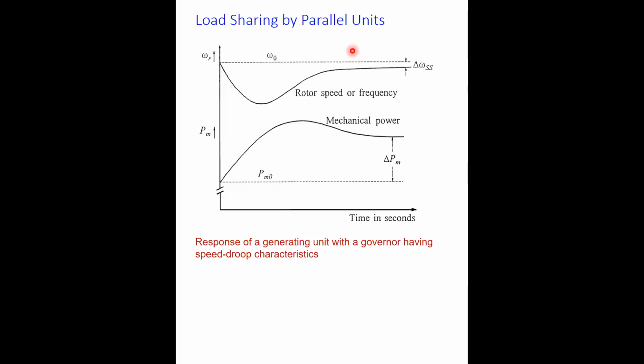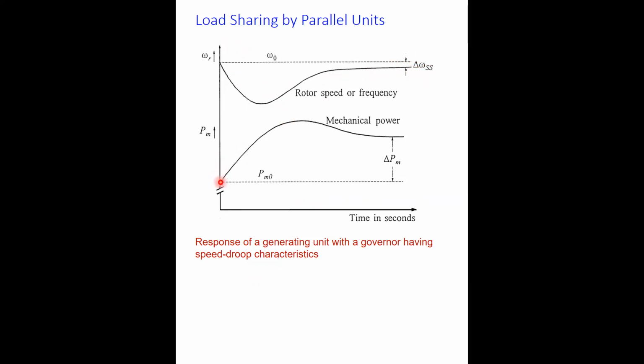Now, if we want to look at the speed and the power for this case, with primary loop control, if there is a sudden load increase, you will find a drop, a decay in the frequency, but due to the controller action, the governor action, you can see the speed is restored back. But again, there is a steady state frequency deviation here.